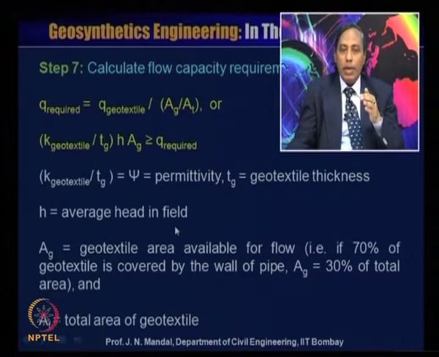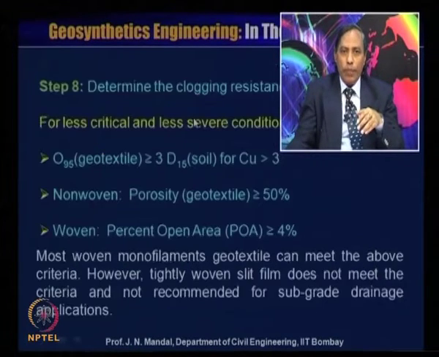H is average head in the field, and AG is geotextile area available for flow. That is, if 70% of the geotextile is covered by the wall or pipe, AG will be equal to 30% of the total area, and here AT is the total area of geotextile.